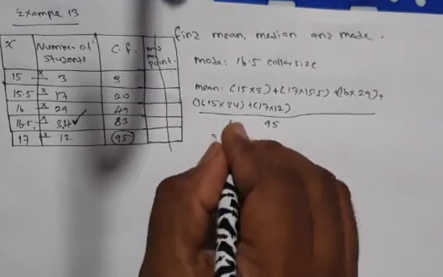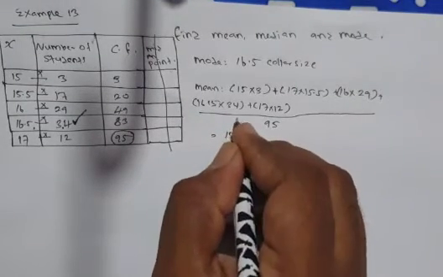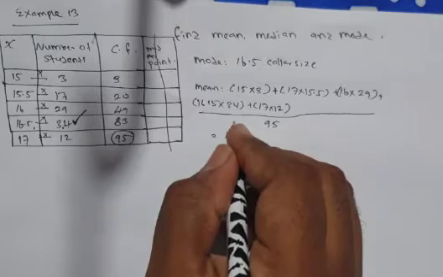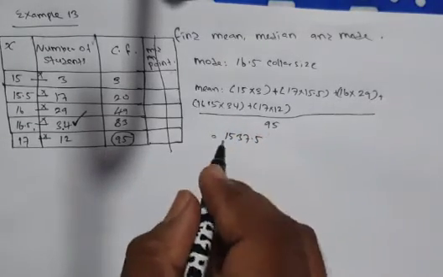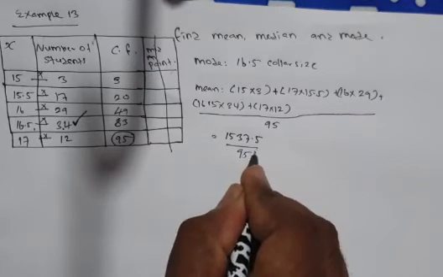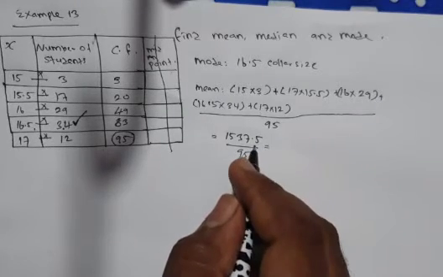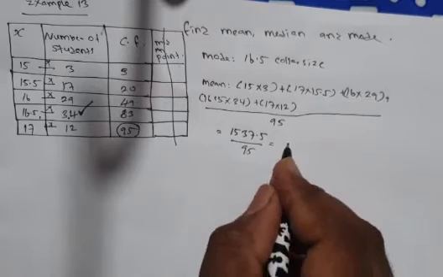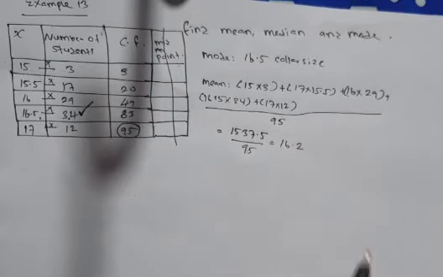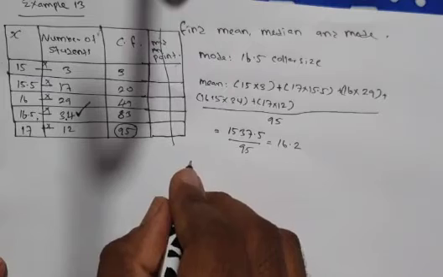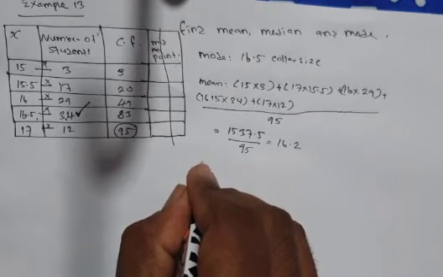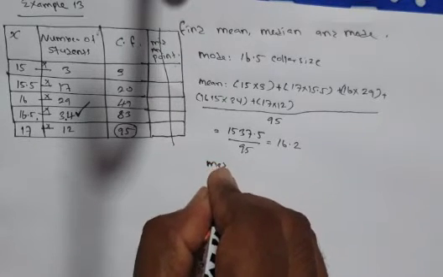Now we are going to get a total of 1537.5. We divide this by 95, and our mean becomes 16.2. So 16.2 is our calculated mean.